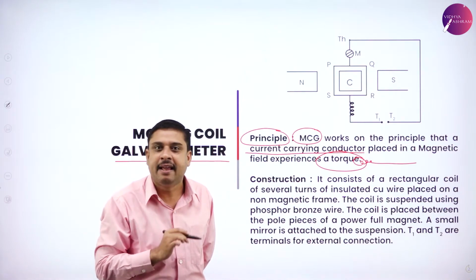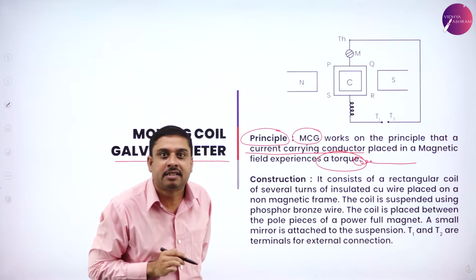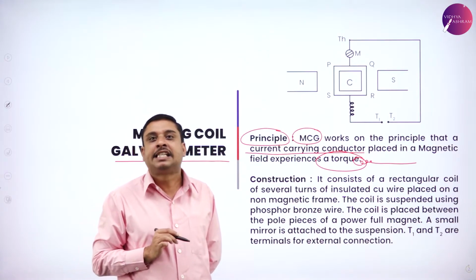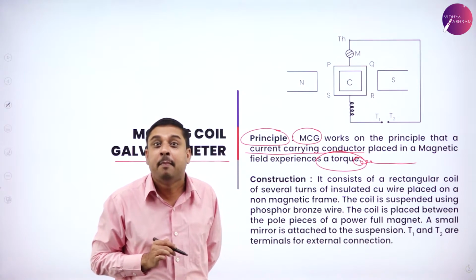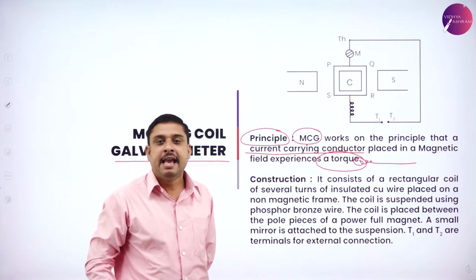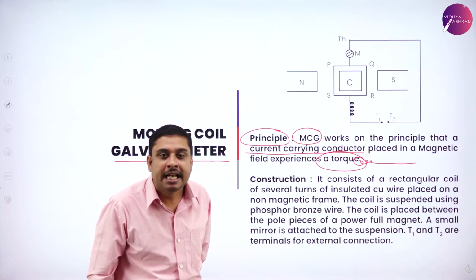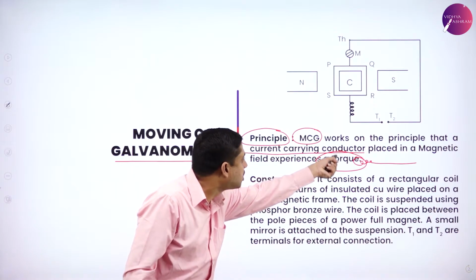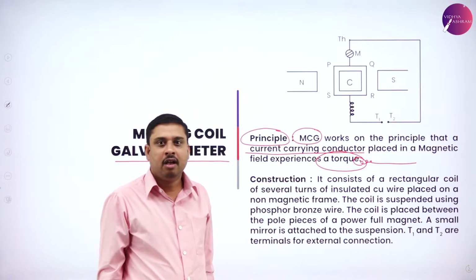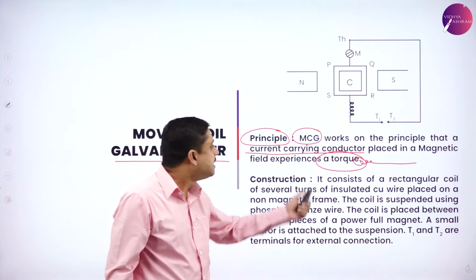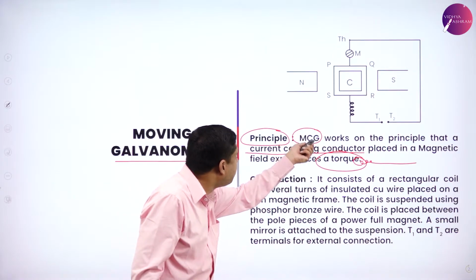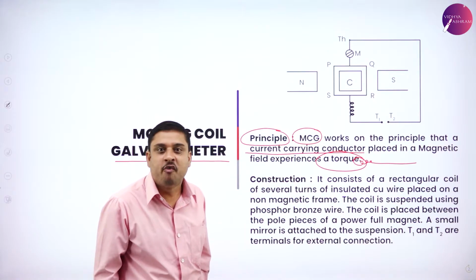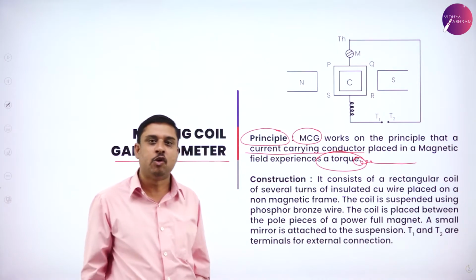What did we say as the fundamental? Any conductor placed in a magnetic field experiences some magnetic force. Elevating my thought, here I call the magnetic force as torque, and I say this is the working principle of the MCG, moving coil galvanometer.